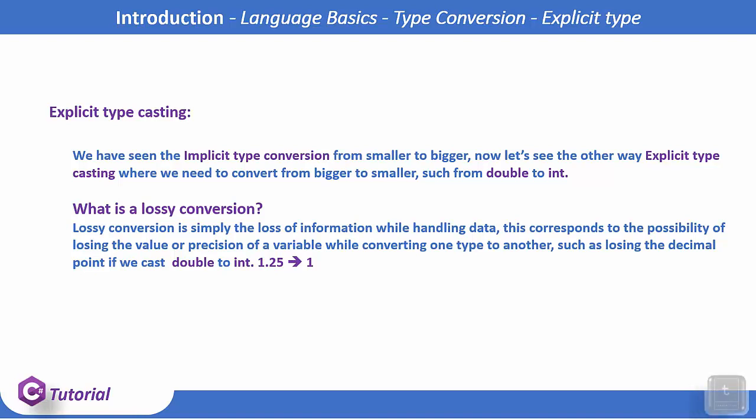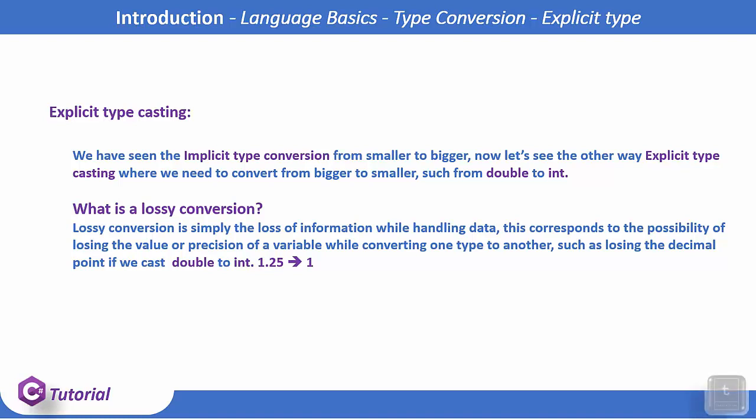So what is a lossy conversion? Lossy conversion is simply the loss of information while handling the data. This corresponds to the possibility of losing the value or precision of a variable while converting one type to another, such as losing the decimal point if we cast double to int.